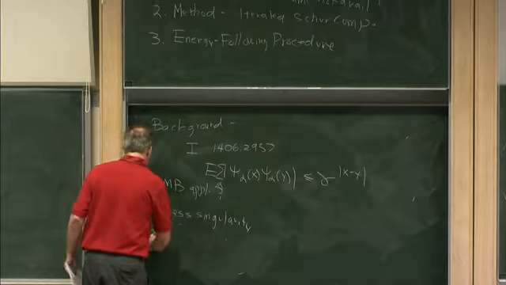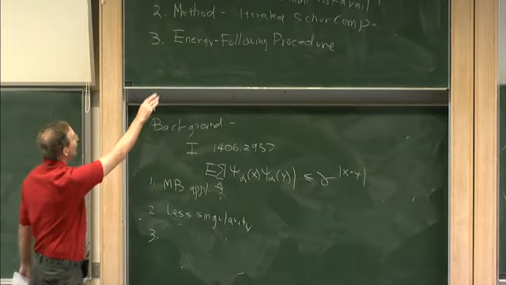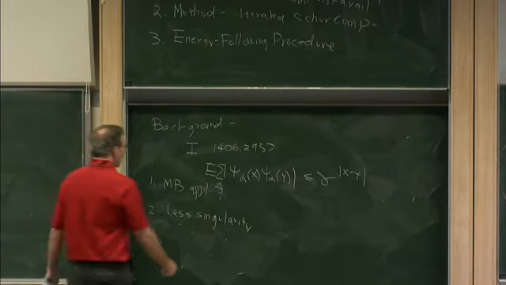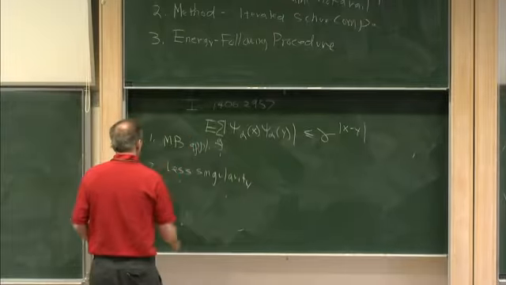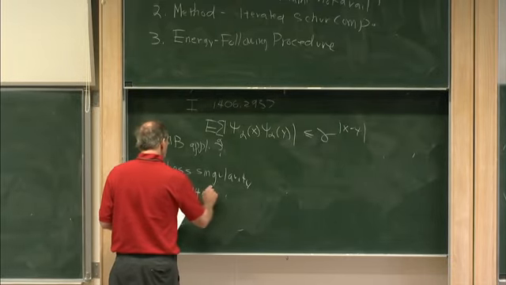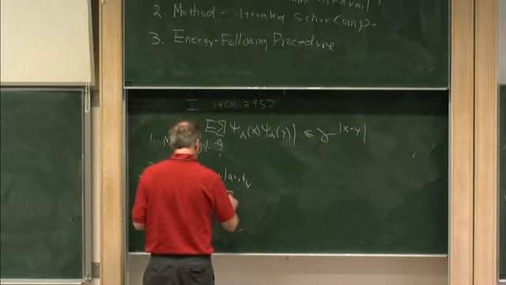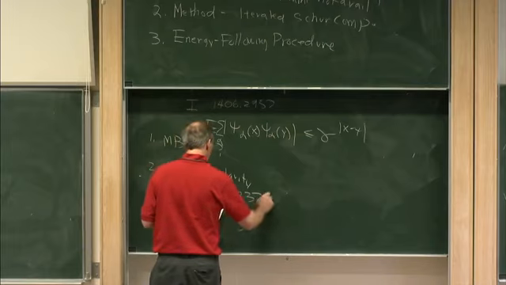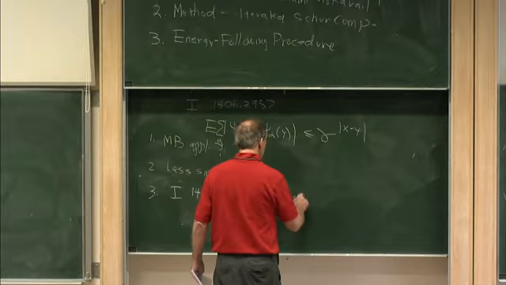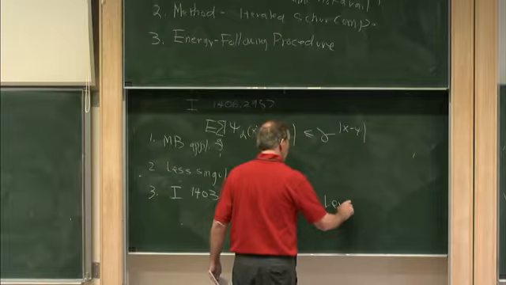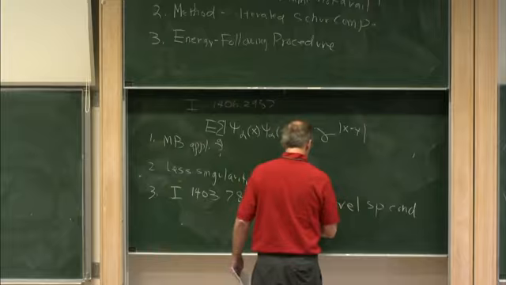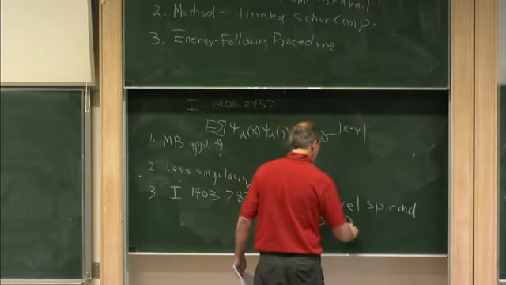Finally, and this goes back to my very first comment at the start of the talk, is the idea that level spacing is good. In fact, there's this paper on many-body localization, which basically says: assume a level spacing condition, a minimum level spacing condition, then you have many-body localization.